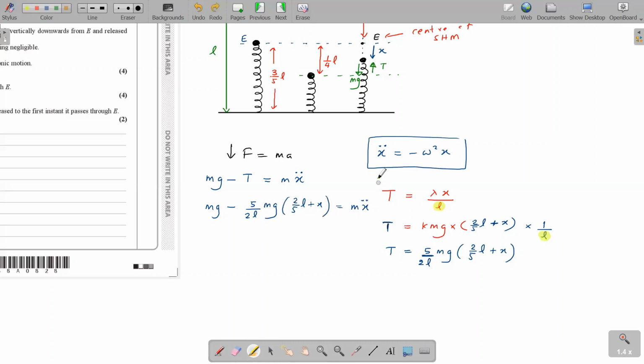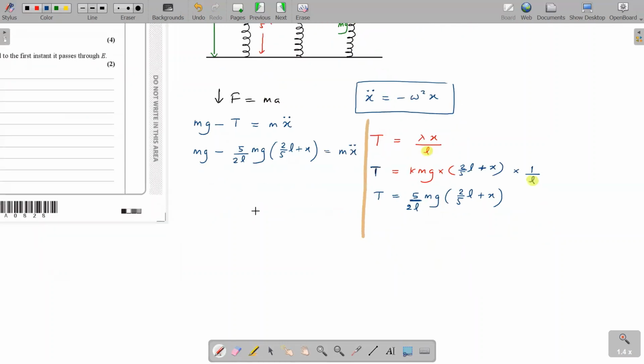Okay, so let's simplify. mg, open the bracket, minus 5 over 2L into 2L over 5. It cancels off. Can you see? 5 over 2L into 2L over 5, that cancels off, and you remain with simply mg, and then minus 5 over 2L mg into x, is 5 over 2L mgx, equals mx double dot.